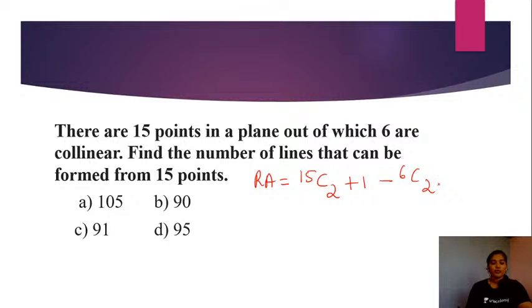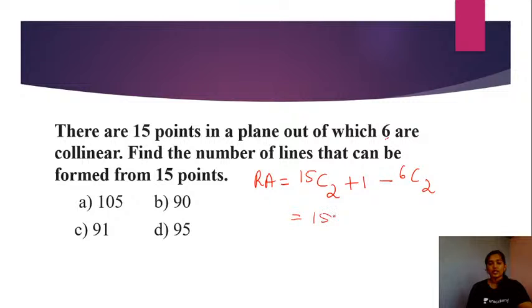Yes, I hope you guys are following. Why are we excluding this? Because these points are collinear and these are forming a single line already. So we are excluding the possibility of having the lines formed here, because all of them will be a straight line itself. All of them will lie on the same line here. So we are excluding the lines formed by choosing 2 at a time from these 6 points here. So what would be your answer?